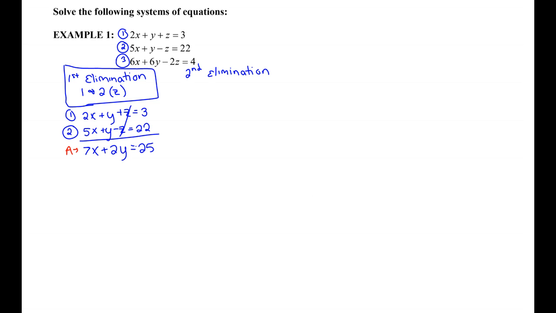And I want to eliminate z again, so now I have to pick which two different equations I want to use. So I'm going to say that I'm going to use equation 1 and equation 3 because 1z is positive and the other is already negative.